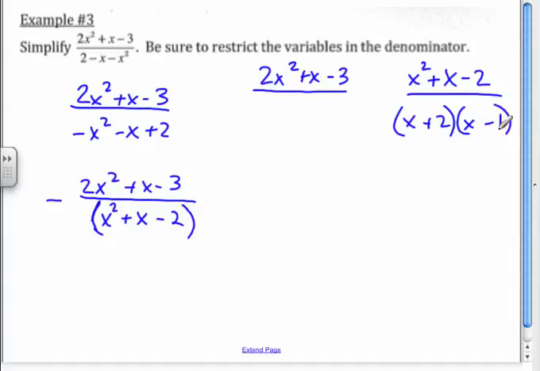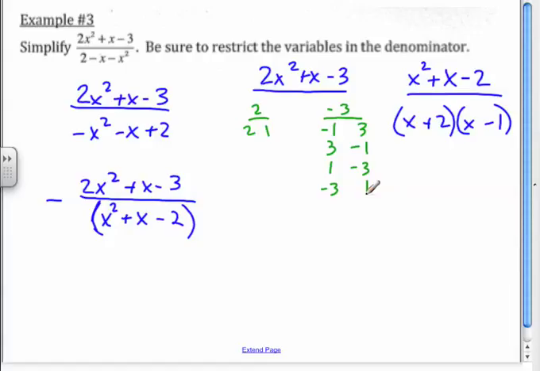Okay. Now I need to figure out this top one. I know that it's going to be negative 1, 3, or 3, negative 1, or it can be 1, negative 3, and negative 3, 1. So when I look at that, the first pair gives me 6, negative 1. That's not right. I'm looking for a positive 1. The next one gives me negative 2, 3.